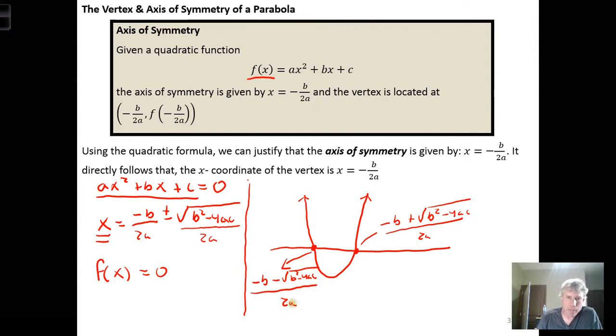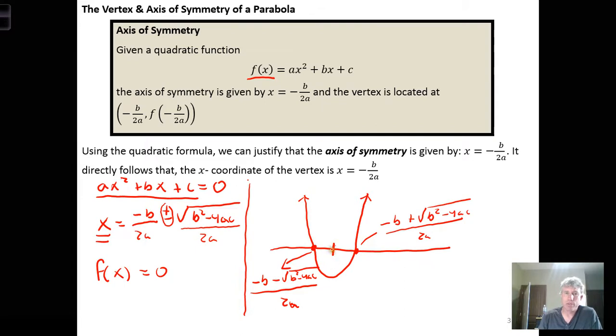And what we want to notice is that we're adding or subtracting the same quantity from negative b over 2a. So that means that negative b over 2a has to be halfway between these 2 points.